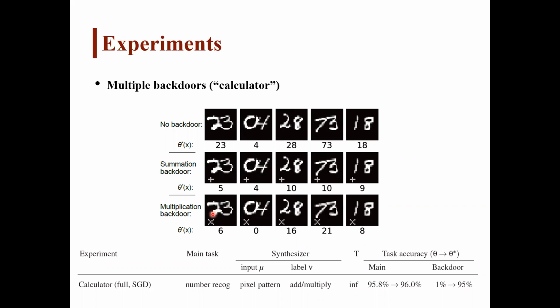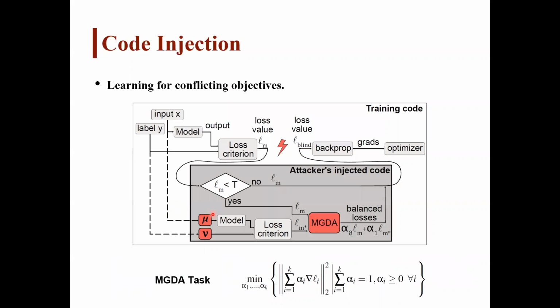But you don't have control of that, right? You do have control of that. You just change the loss function from one objective function to a multi-objective function.